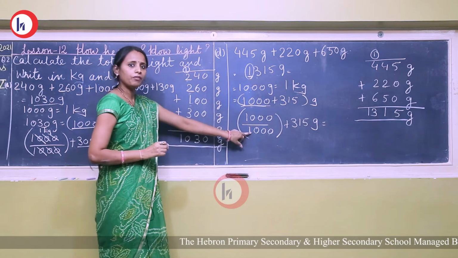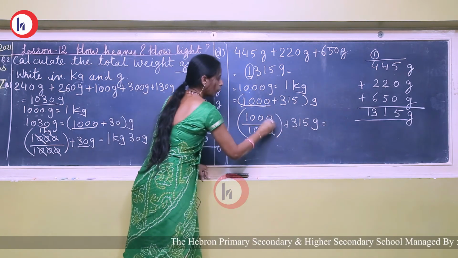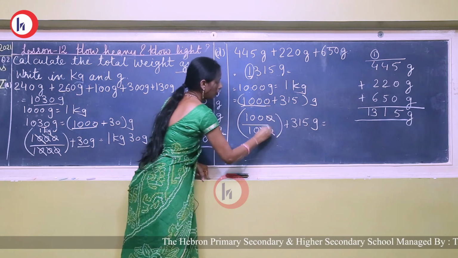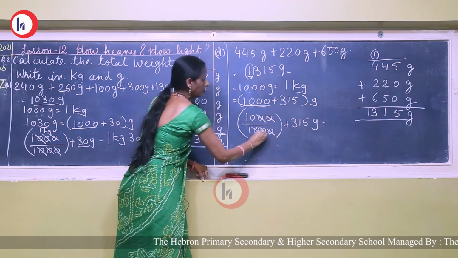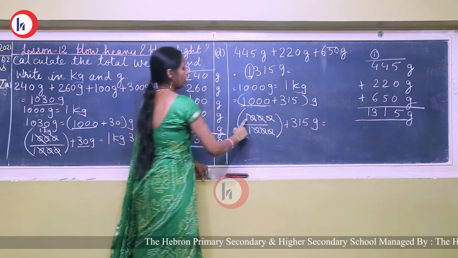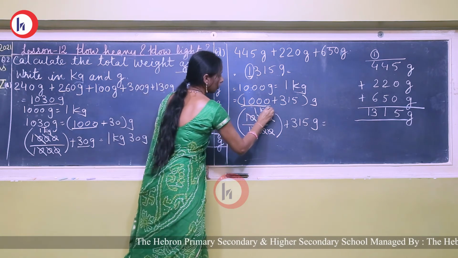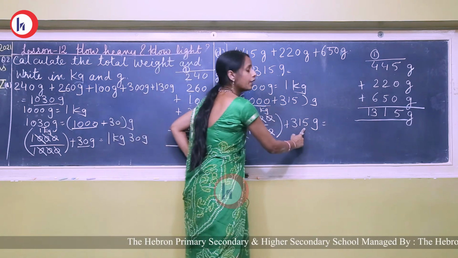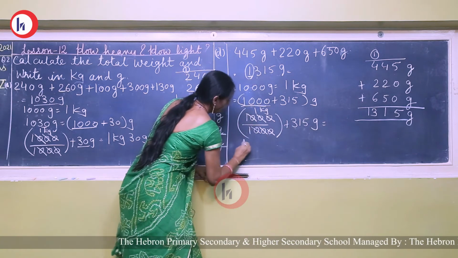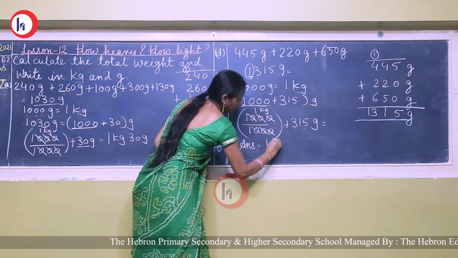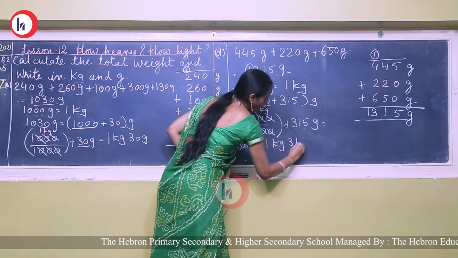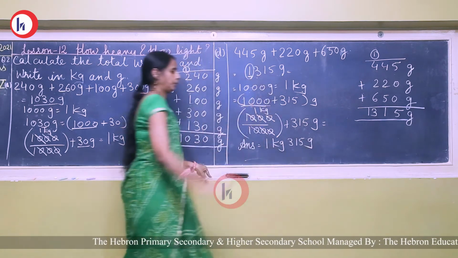Now when we divide, this 0 will be cut from this one, this 0 will be cut from this one, and this one will be cut from this one. So the answer is 1 kilogram and 350 gram.